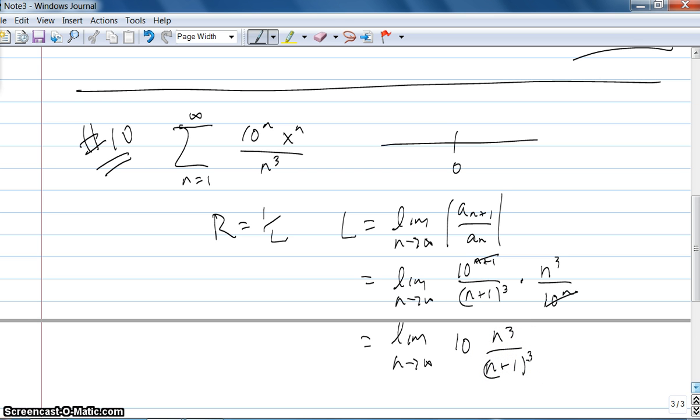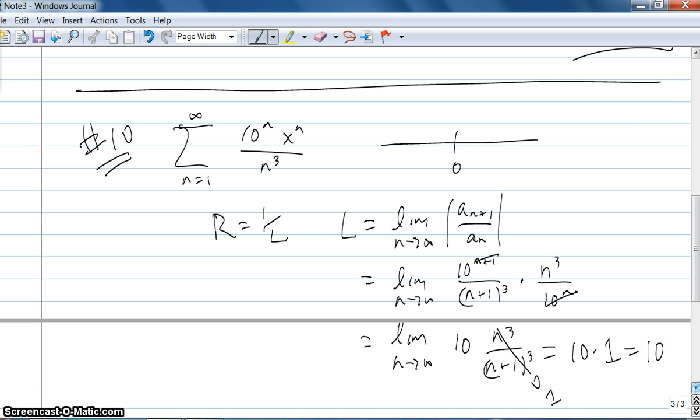Now, if I were to multiply this out, it would have an n cubed as its first term, and the coefficients in front would be 1 over 1. The highest power on the top and on the bottom is n cubed, so I really only have to find the coefficients, which are 1. So this limit goes to 1, so I have 10 times 1, which is 10.